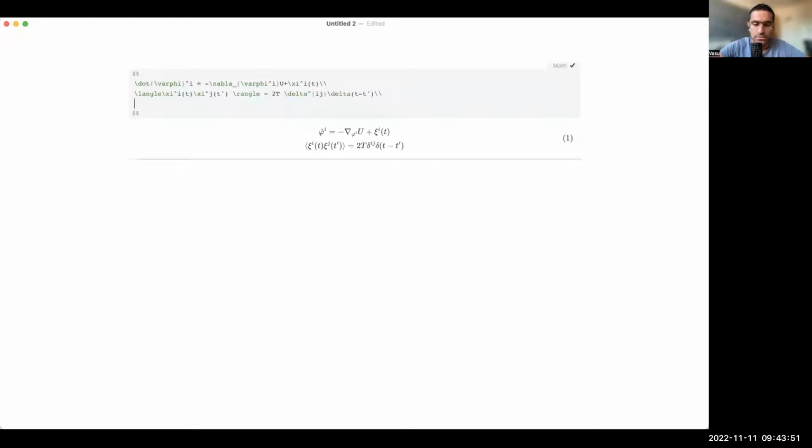Now, following the standard steps of stochastic dynamics, we would derive a so-called Fokker-Planck equation for the probability distribution over φ. So we have P(φ, t) satisfying the equation ∂_t P(φ, t) equals, well, I'll just use the Nabla notation for the gradients with respect to φ.